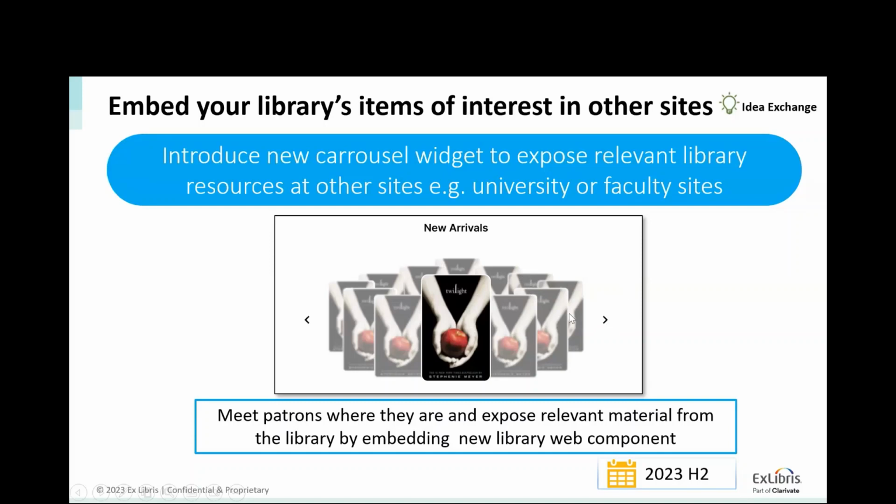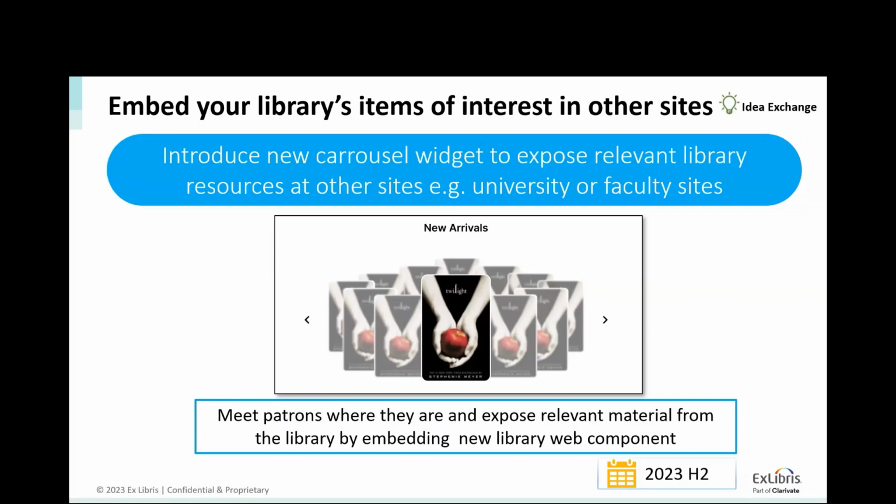So you will be able to very easily configure a web component, its layout, and also the query to use in order to fetch items from the library. You will be able to show, let's say, up to 20 items from the library.